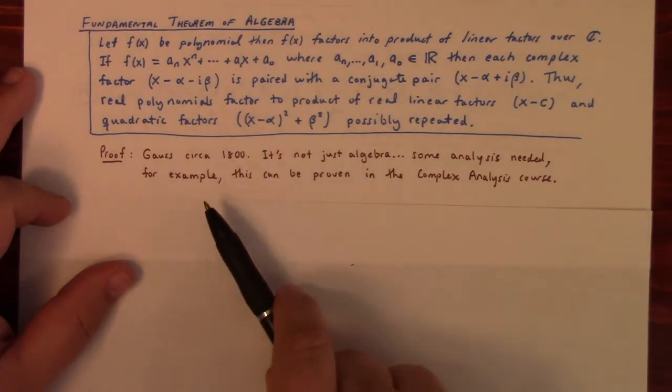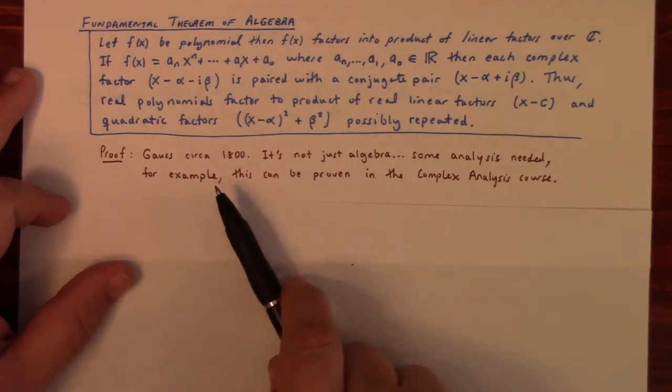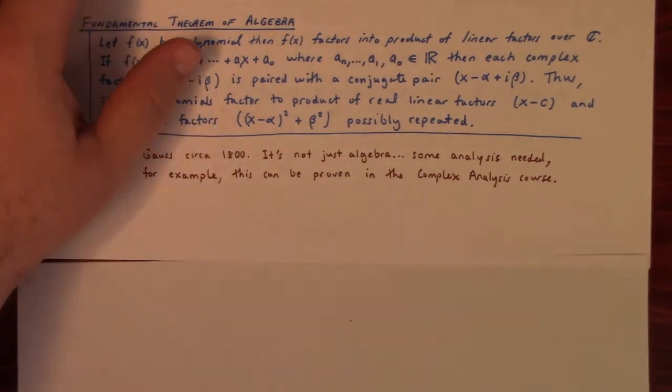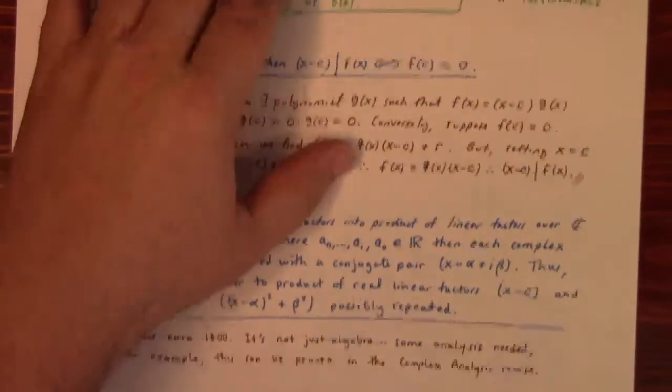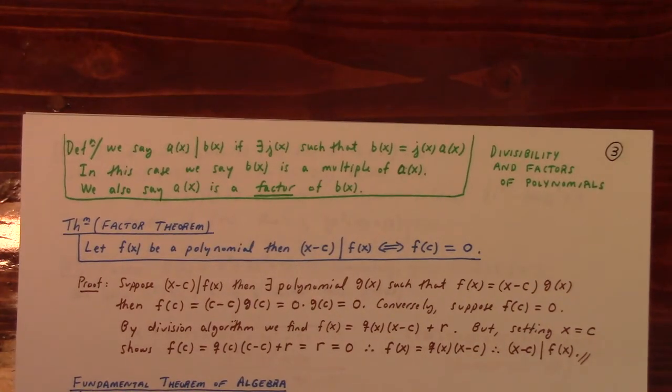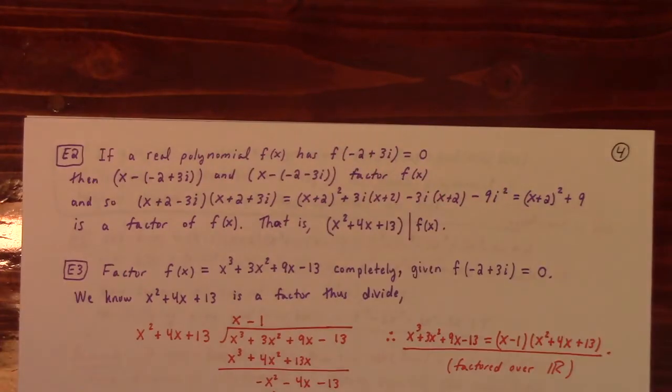So if you look at a complex analysis course, you can find a proof of the fundamental theorem of algebra. It's not a terribly easy thing to prove, but we've had a solid proof for it for about 220 years at least.